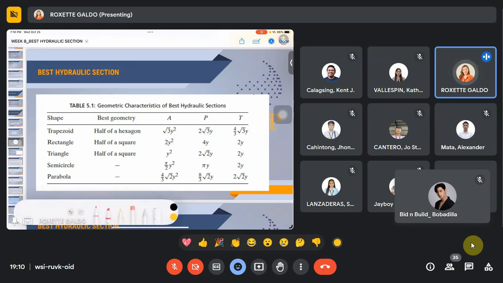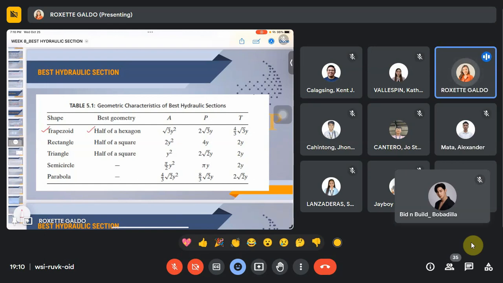Okay? So we are just going to base our judgment, no, in the best hydraulic section or the best geometry on this table 5.1 given by the book of Chin, on water resources engineering. So, for example, if you want to have a trapezoidal form of channel, then the best section for that is for you to have a half of a hexagon.